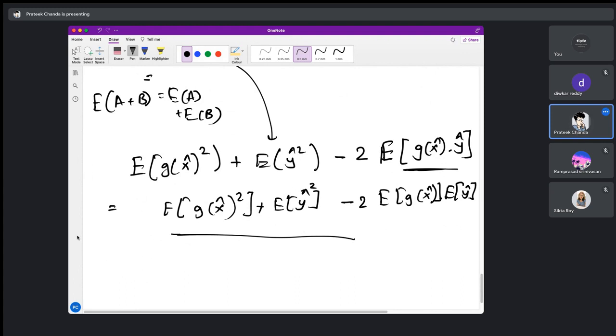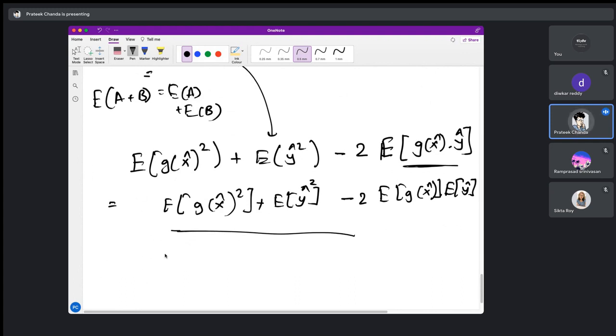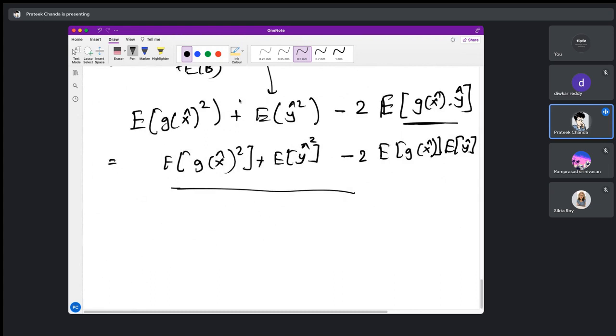And what I would do now is take this expectation of g of x hat and write it something like this. Let me first show this. The variance of x is expectation of x square minus expectation of x whole square.